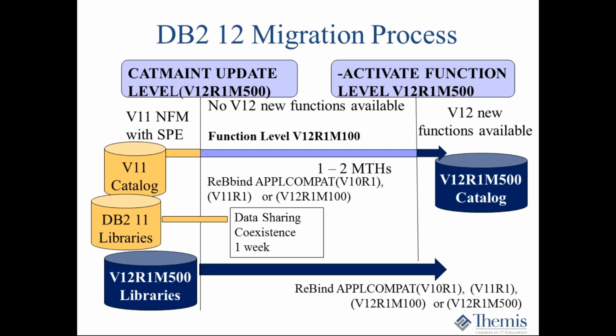Now, the initial migration process from 11 to 12. Just like historically, you need version 11 in new function mode with all your tolerance and fallback SPEs applied. So you have your version 11 catalog and your version 11 libraries.